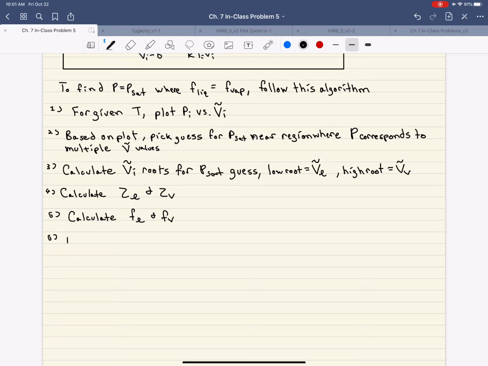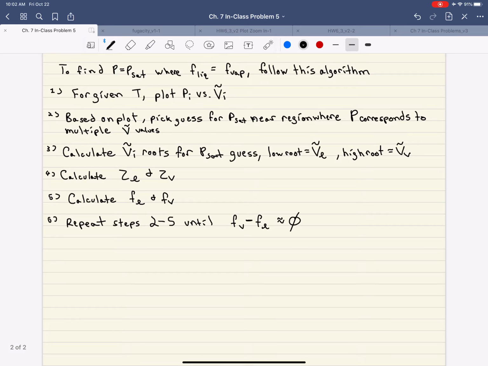Then you want to repeat steps 2 through 5 until your vapor fugacity minus your liquid fugacity is about equal to 0. Okay? So that's the basic algorithm for identifying the vapor pressure.